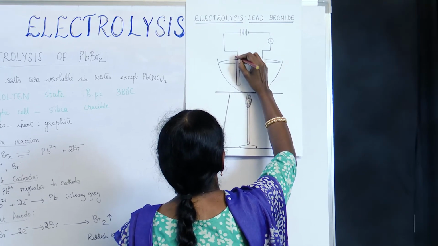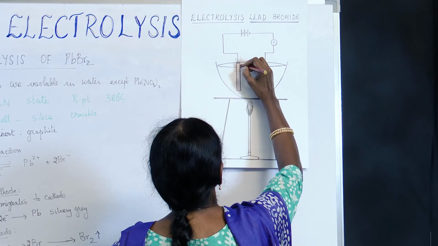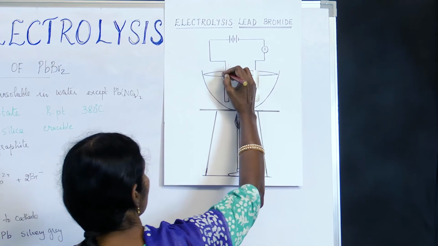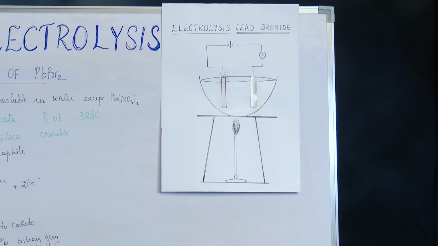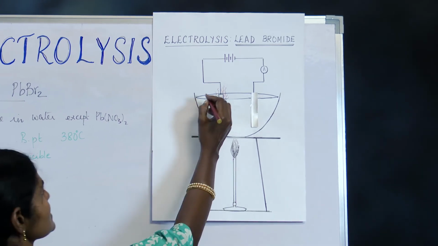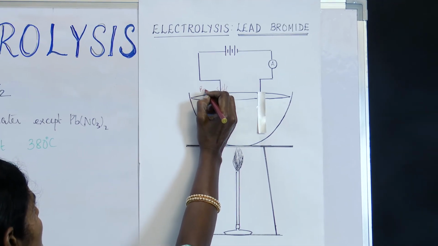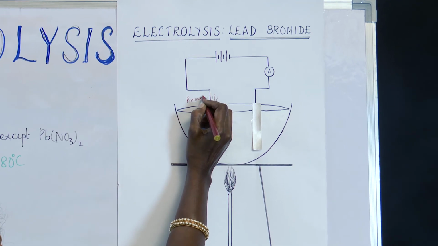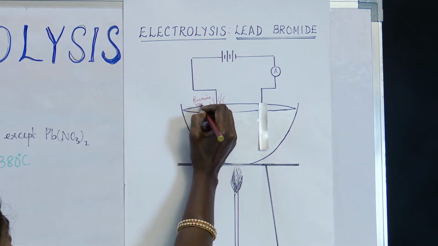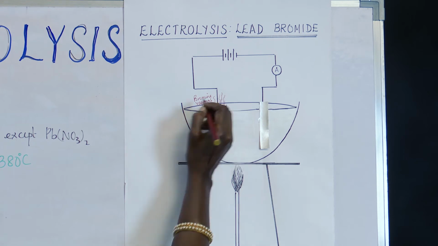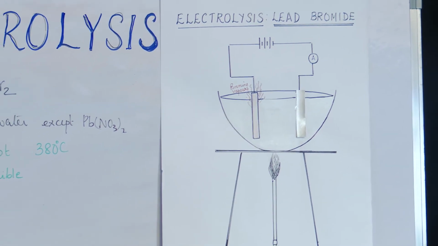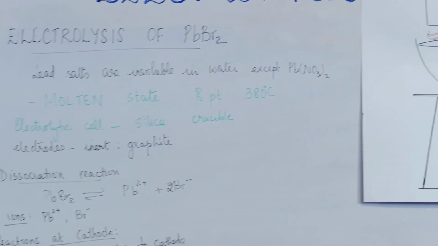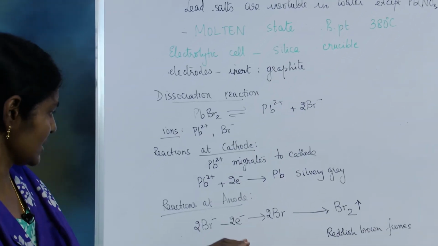You will have fumes coming up. You can see the reddish brown fumes, and that is nothing but bromine vapors. Okay, so this is what happens in the electrolysis.